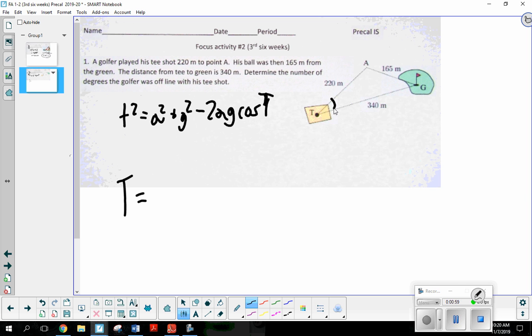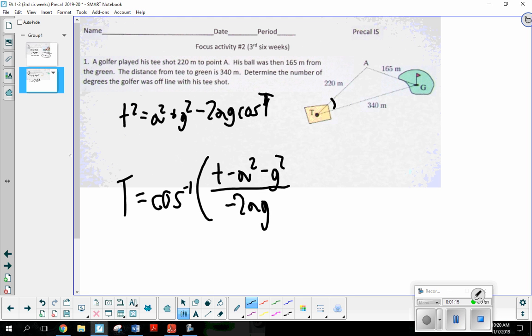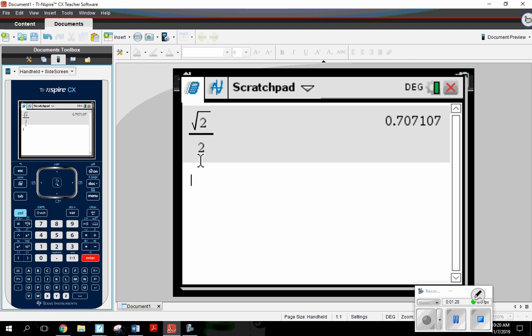Still with the variables in it. Yep, just like that. Nice. Thank you. And then we can just plug that in to the calculator.